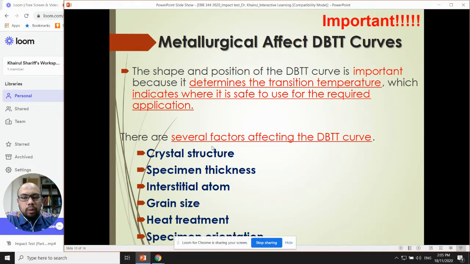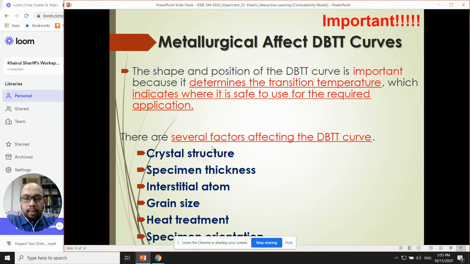We need to know what the impact test result is if, let's say, a car accident happened and it crashed, the cables being made from steel wire. So you need to understand the properties or the transition, or the requirement for safe application in engineering approaches.